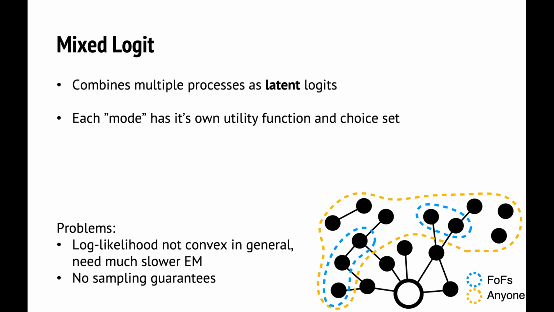Whereas for someone outside of that group, you may know much less, maybe degree or maybe nothing at all, and it's just a uniform chance. But as I said before, these models cannot really be fitted on really large data. And also for the mixed logit, unlike the conditional logit, there are no sampling guarantees. So you can't really do negative sampling like what we can do with the conditional logit.